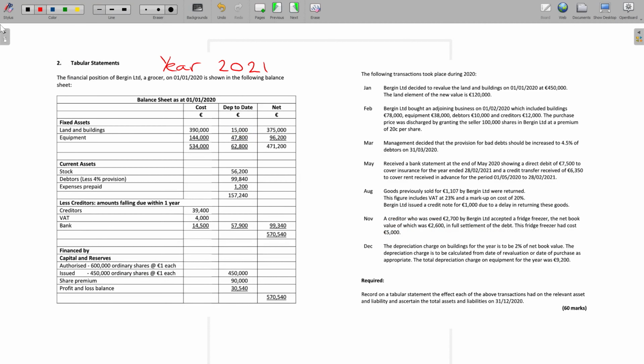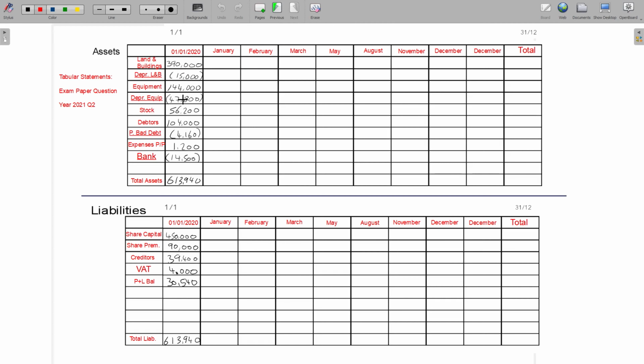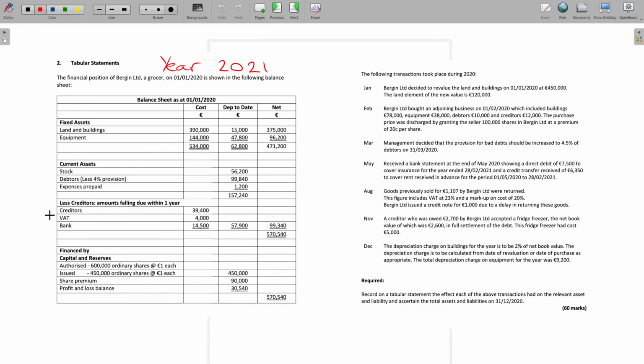Essentially, everything is put in here now. I put underlines for those that are negative, so my two depreciations, my provision for bad debt, and my bank. As well as that, my liabilities are generally a bit more straightforward. They just come as the rows here.